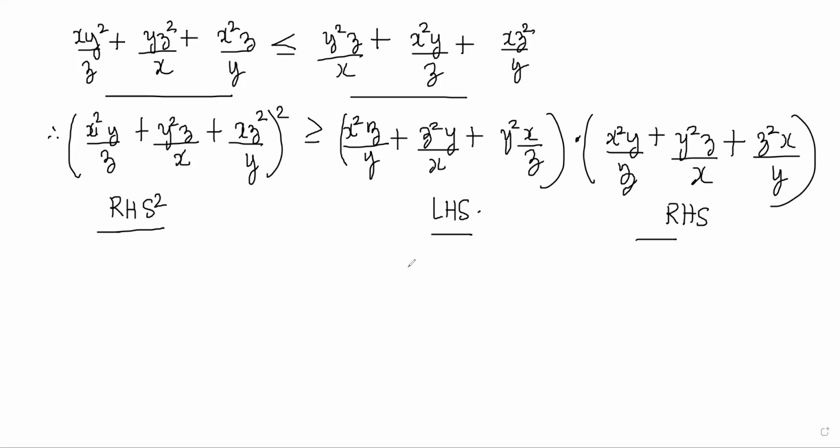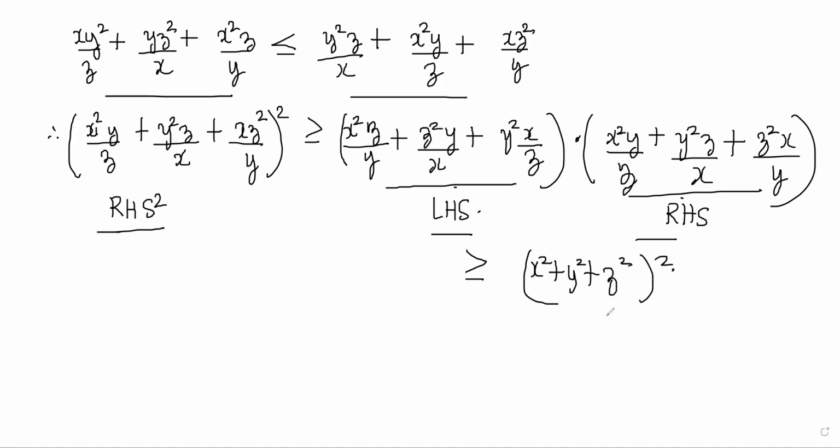And now what I want to do is I want to say that this product of these two is greater than or equal to (x square plus y square plus z square) whole square. Because ultimately I want to prove this is greater than this, right? Okay, so how do we do that? Notice that this term and this term are nice and symmetrical by applying Cauchy's inequality on the vectors.